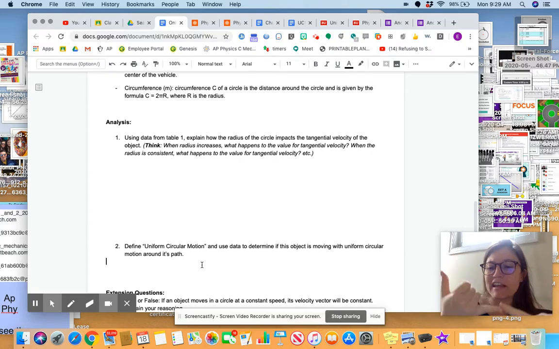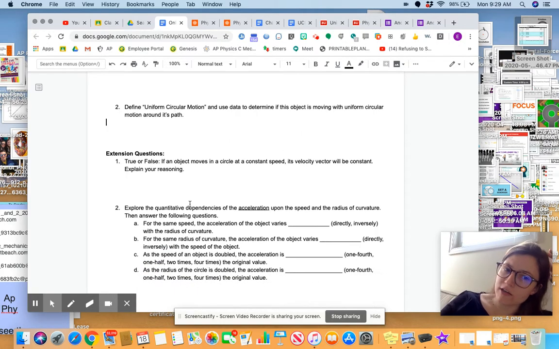So define what it is, and then based on the data, support, okay, or refute that this object is moving in a uniform circular motion. Okay, and then there are 2 extension questions, which you're going to need to use the simulation to answer.